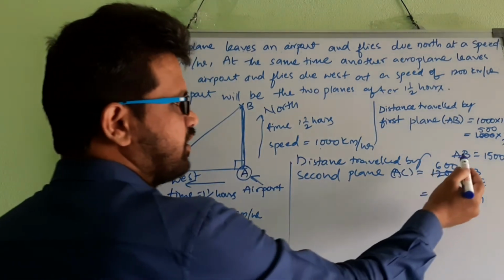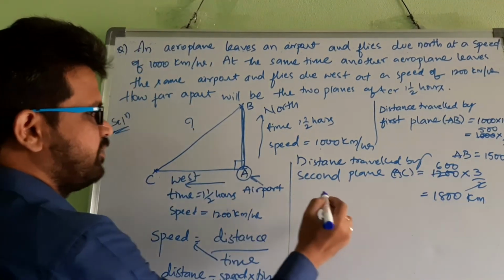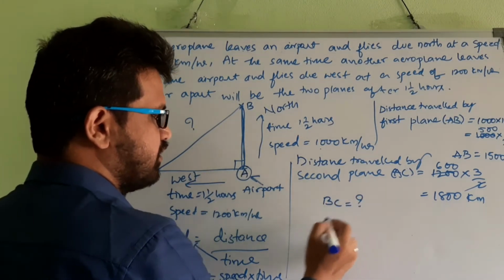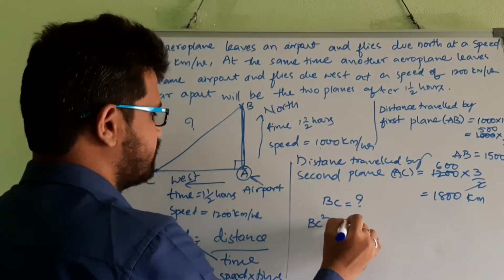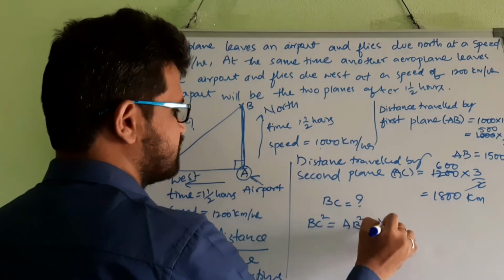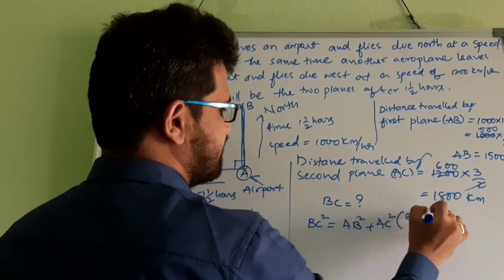Now we have got AB and AC. We need to find BC. BC is the question mark. So BC square is equal to AB square plus AC square by Pythagoras theorem.